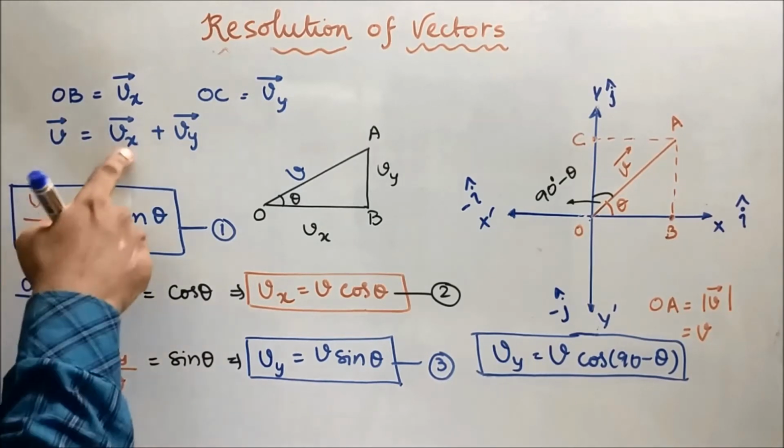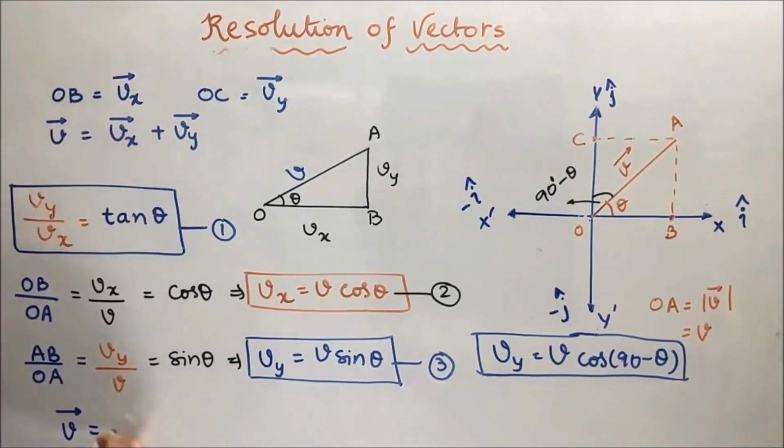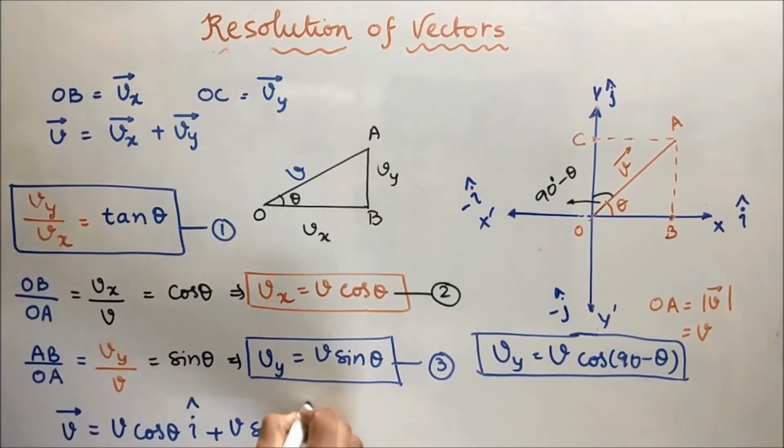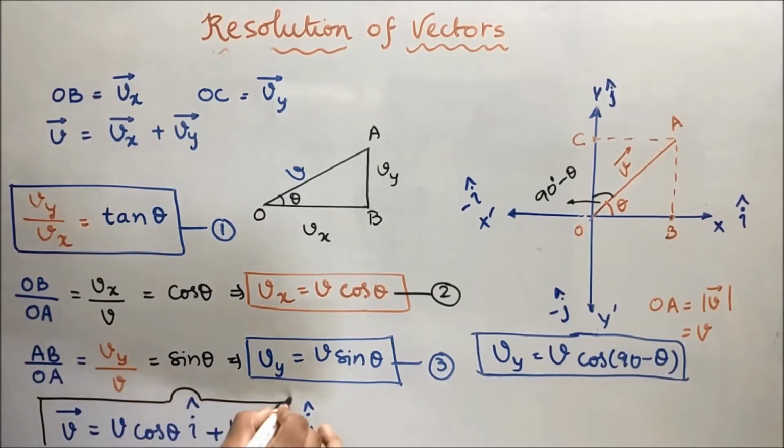V is equal to, so vector Vx is nothing but v cos theta, and this is the magnitude, and what is the direction? i cap, plus v sin theta, what is the direction? j cap. So this is the notation of resolution of vectors in 2 dimensions. I hope you have understood. This is our equation number 4.